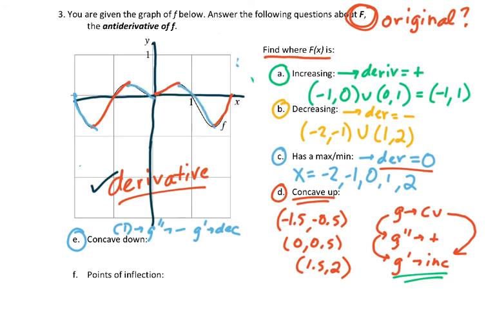That's where the derivative is decreasing, which means my second derivative is negative, which means my original graph is concave down. You getting the hang of it? Pretty cool though, but definitely very deep. Okay, how about negative 2 to negative 1.5? How about negative 0.5 to 0? And then finally, how about 0.5 to 1.5?